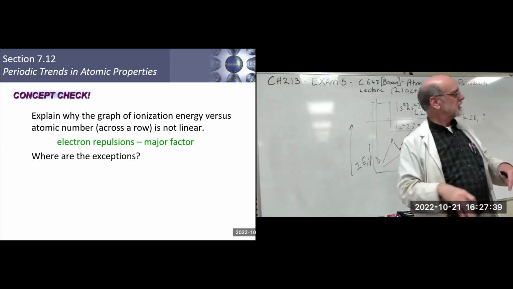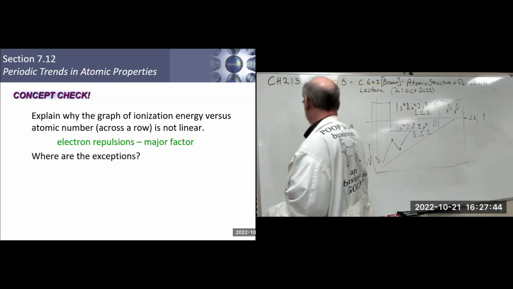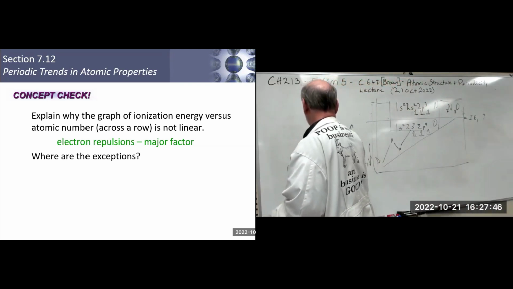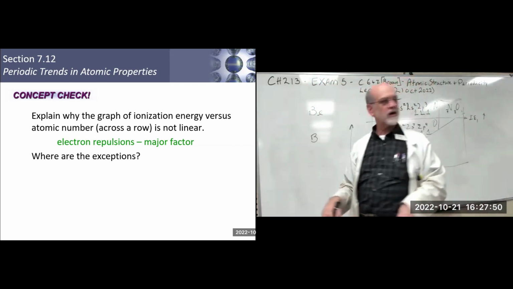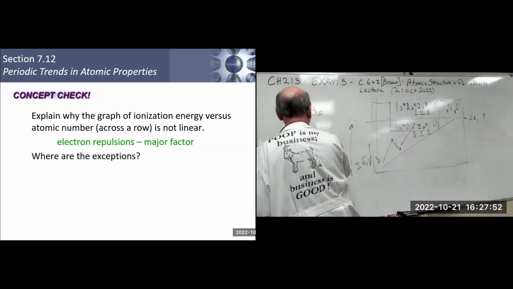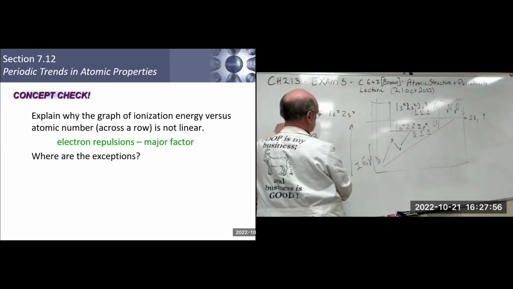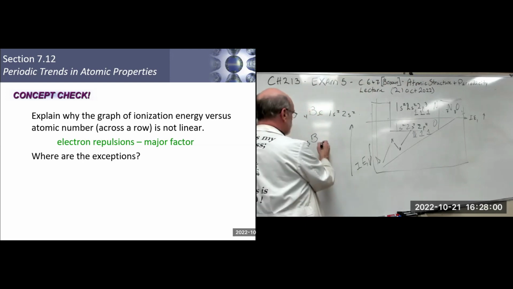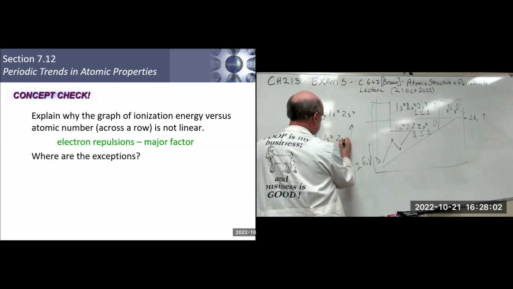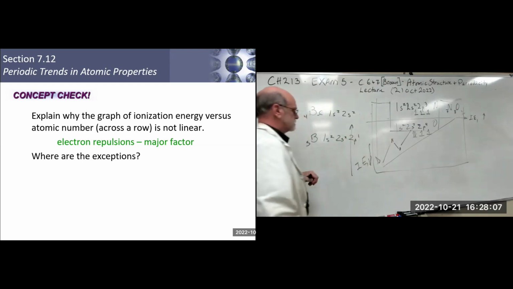But how about beryllium to boron? Well, beryllium is 4 and boron's 5. So beryllium is 1s2, 2s2. And boron is 1s2, 2s2, 2p1.